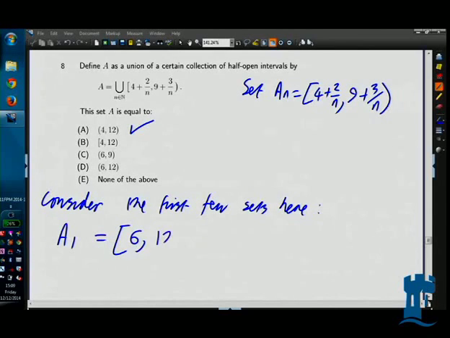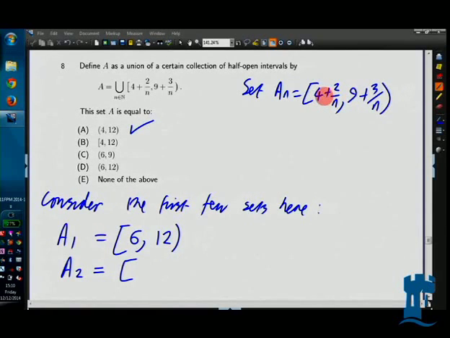The next one, and I'll sketch these on a number line in a minute. The second one, n equals 2, so 2 over n is 1.